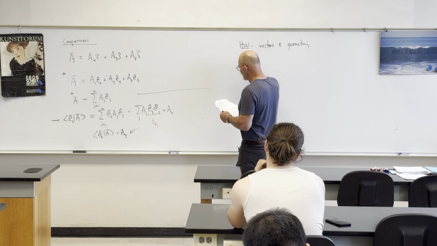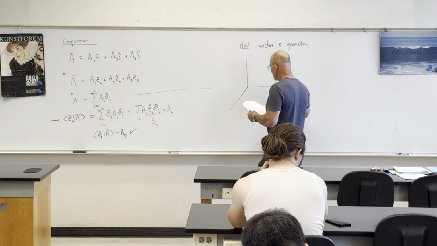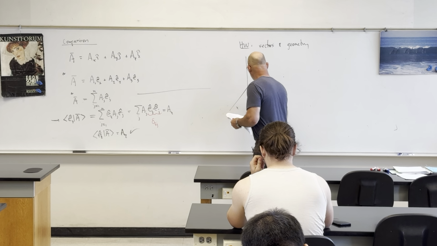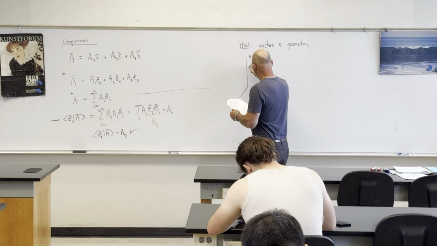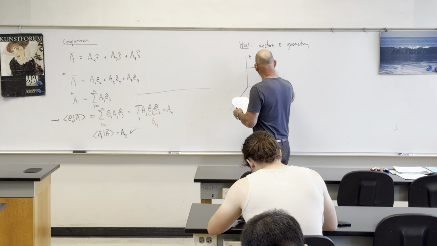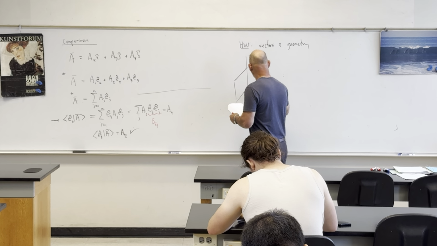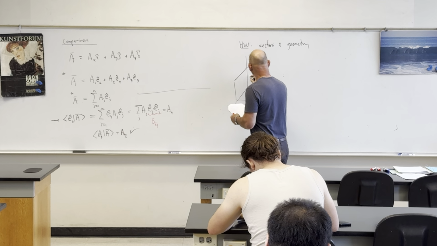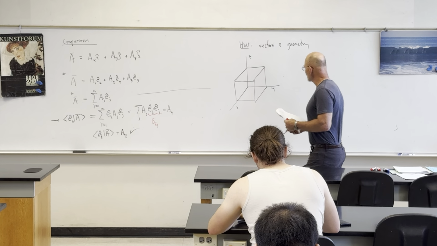So what I had was, in my picture, my cube isn't going to be that good. Well, let's give it a try. So we've got x, y, and z axes here, and we had that cube. This will work, right? That's a cube right here. Could have been worse. There we go.